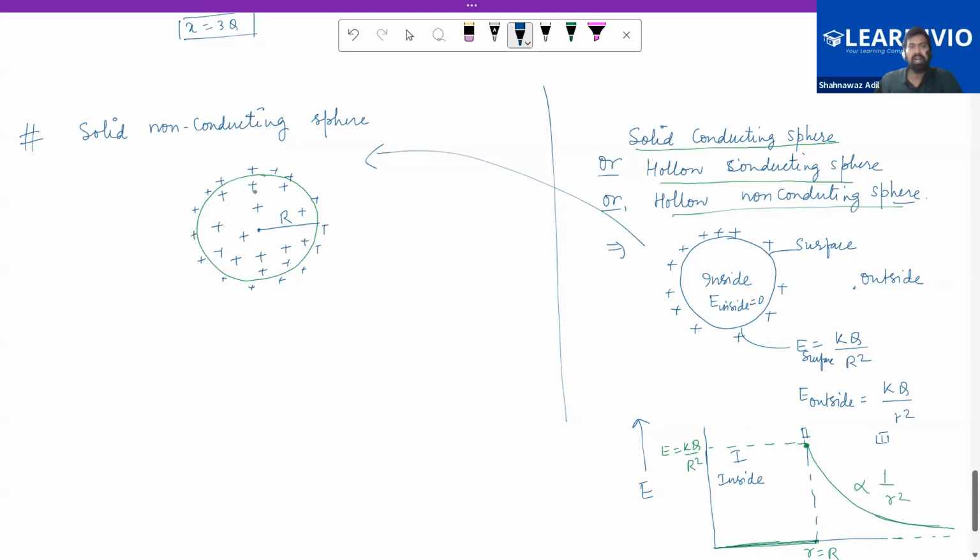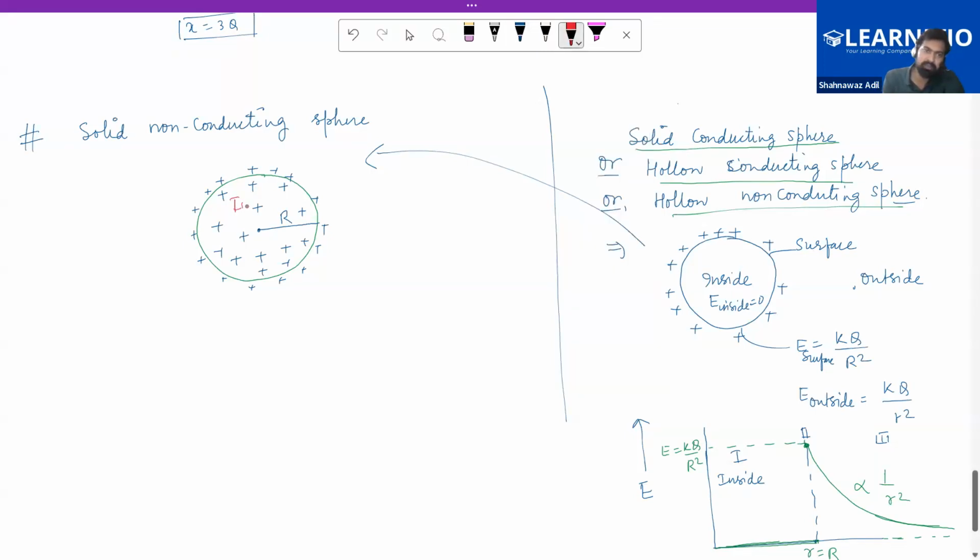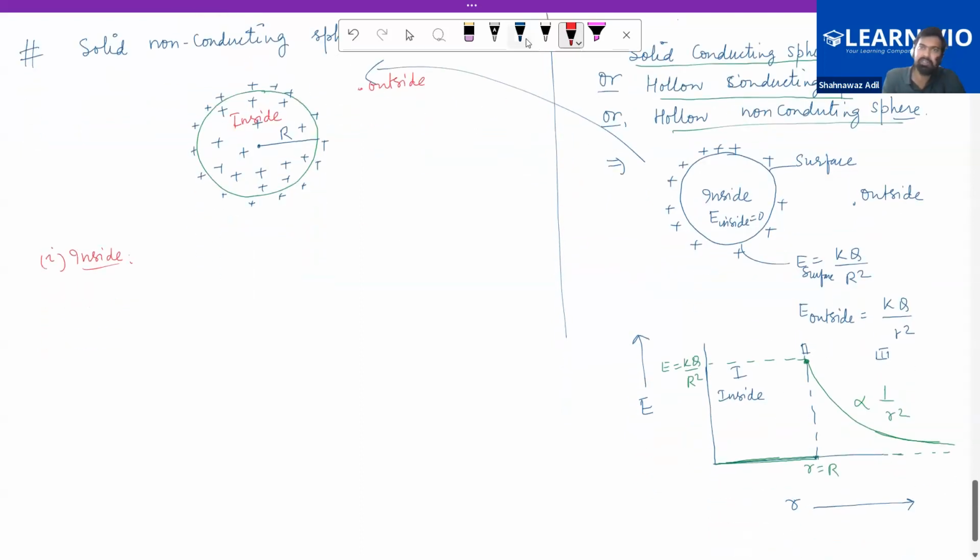Right. Now I will also have three regions, but let's divide it into two regions. One would be this inside region, and the other is some point outside. So let's solve it for the inside case. For the inside case, I will take a Gaussian sphere.